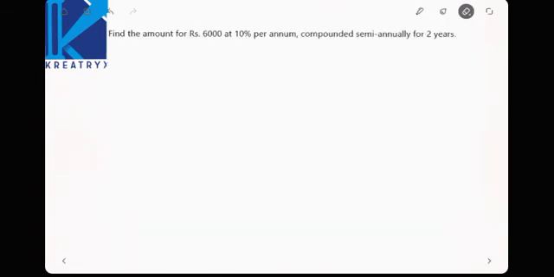Find the amount for rupees 6,000 at 10% per annum, compounded semi-annually for 2 years. Now we know how to calculate: A is equal to P into (1 plus R by N by 100) whole to the power of N. Now let us try another manner, the Pascal triangle method, as we discussed in the theory. This is the Pascal triangle.